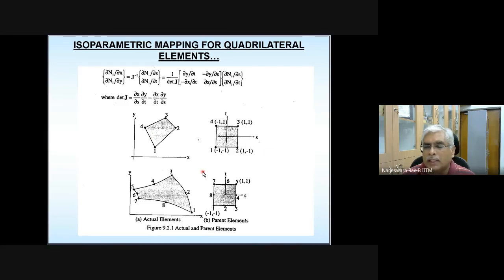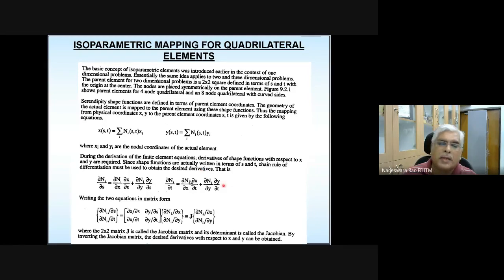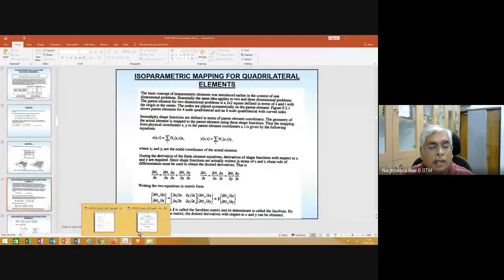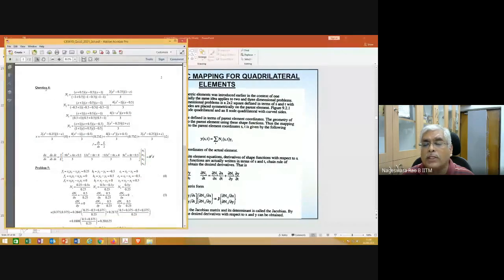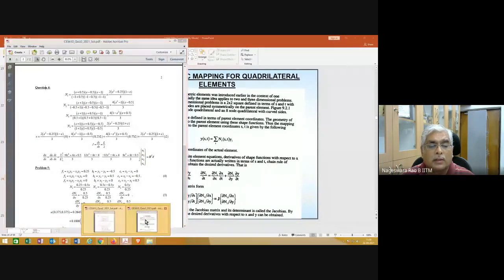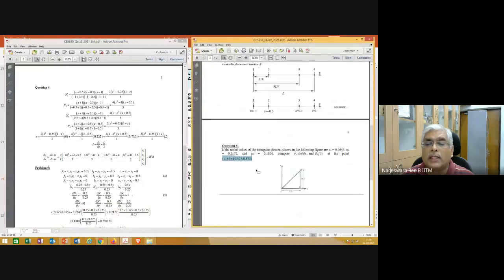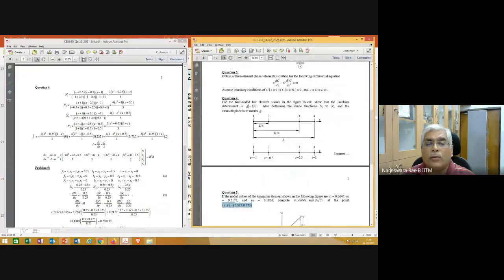So now with this, let's see what isoparametric mapping is for the two-dimensional case. Whatever one-dimensional case we noted, we have one more dimension, so we need to write the expression for that as well. And also please note that in the example I just explained to you, question 4 in the quiz, what is this?